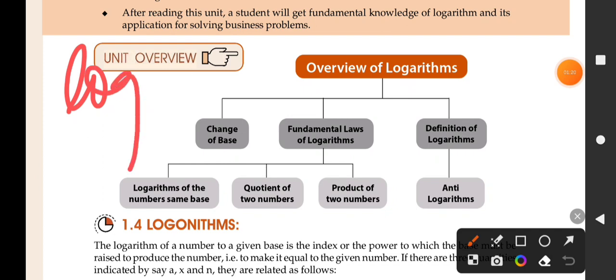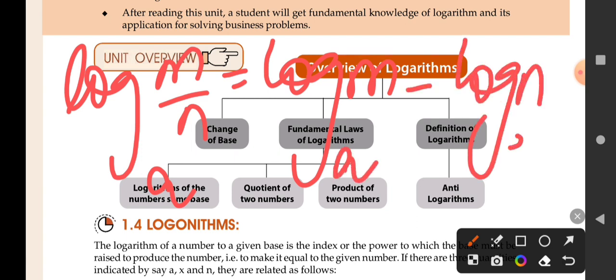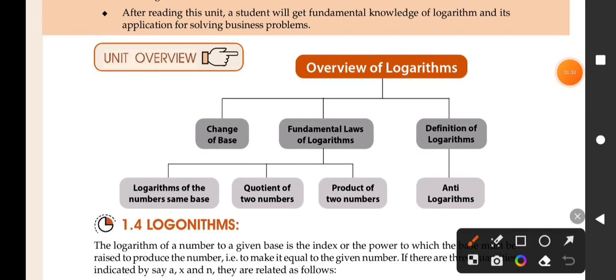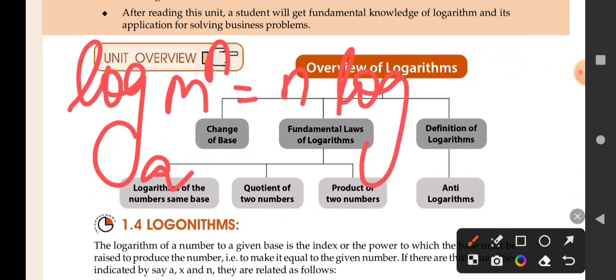Then log m divided by n to the base a is equal to log m to the base a minus log n to the base a. Third law is log m power n to the base a is equal to n into log m to the base a.